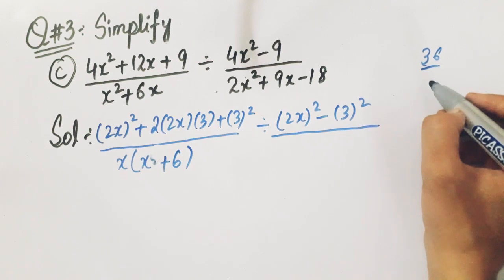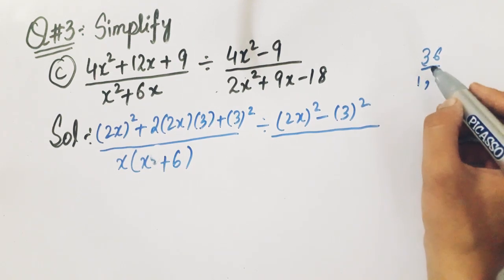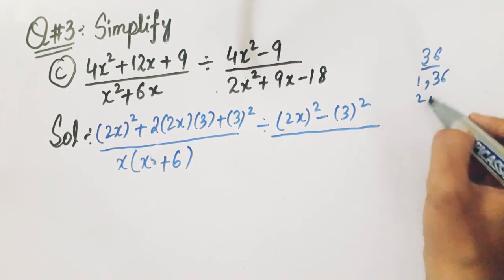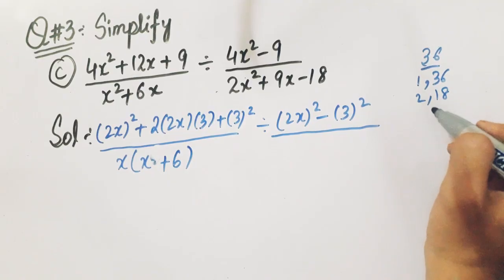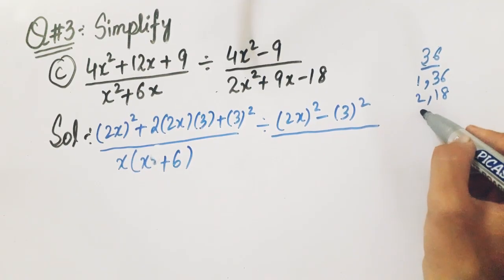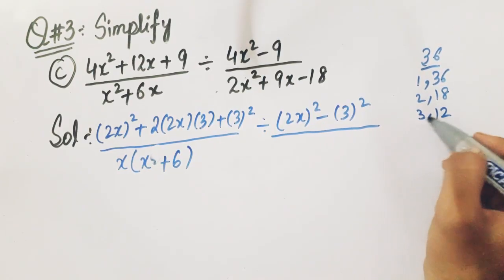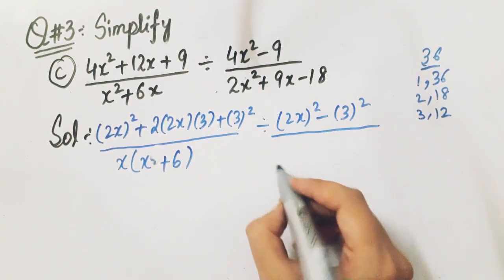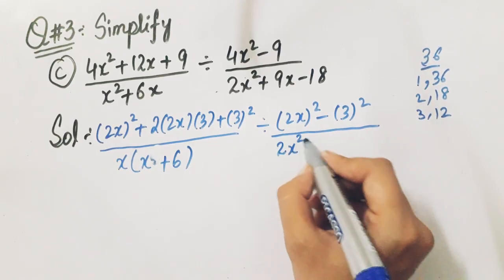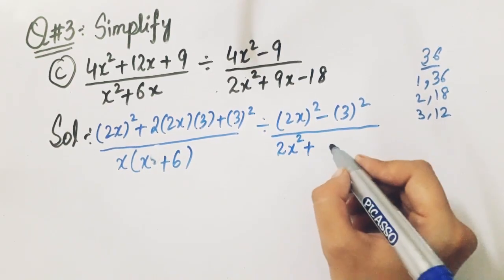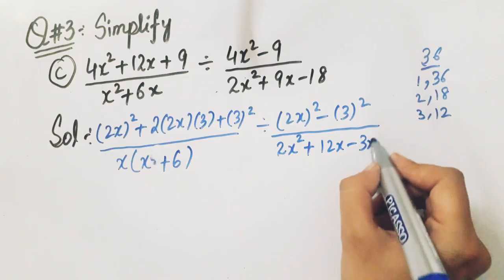So 36 factors are, in the table of 1 it will be 36, in the table of 2 it is 18. So 18 minus 2 is 16. So in the table of 3 you will get 12. So 12 minus 3 is 9. So this will be the factors: 2x square plus 12x minus 3x minus 18.